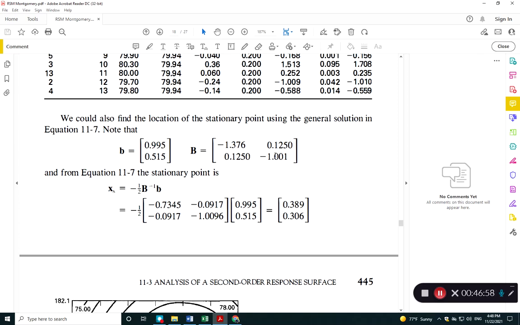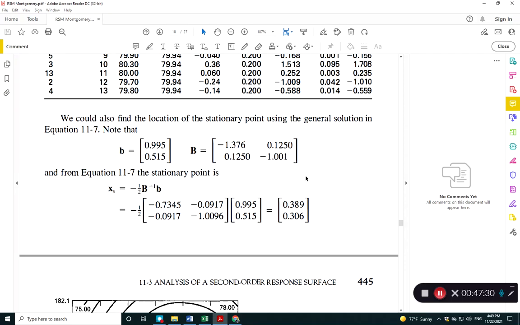Here's beta 11, beta 22. Even without looking at my eigenvalue and eigenvector, look at this. For x1 square, the parameter is negative. For x2 square, the parameter is negative 1.001, also negative. Both x1 square and x2 square are negative, and this is a stationary point.